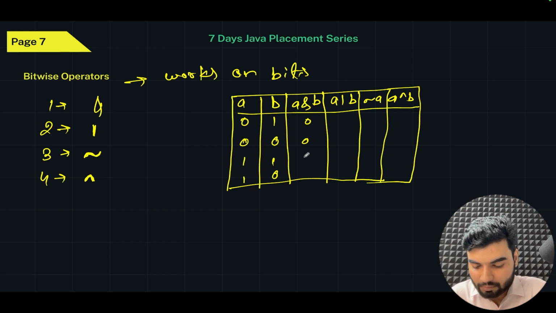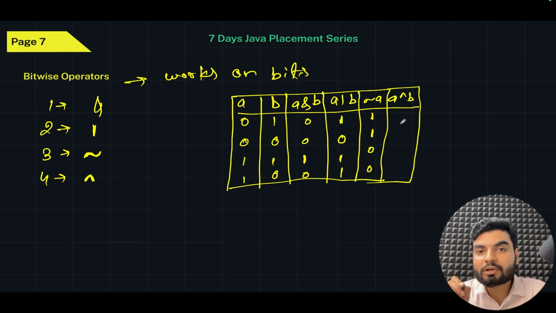Again for OR, same thing: if any of them is true, it will become true. Here for NOT, just reverse it. 0 becomes 1, 0 becomes 1, 1 becomes 0, 1 becomes 0.